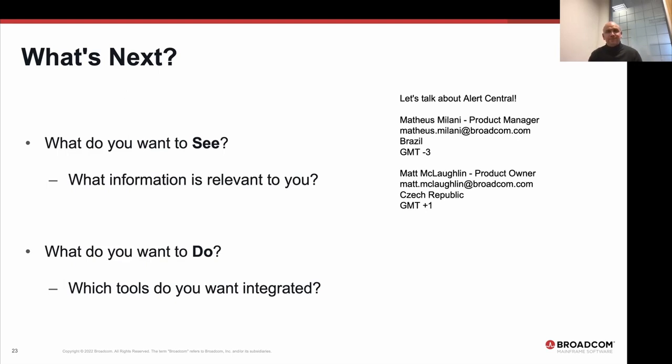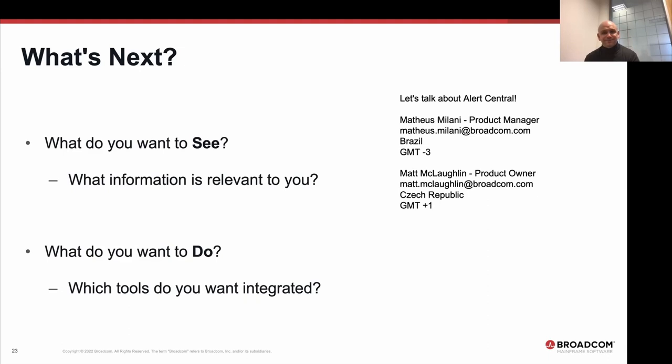Or if you also want to use Alert Central with your level 2 team, with the SMEs, what information is important to them? Maybe you can gather basic information for operators to troubleshoot the problem, but you can get more complex data for the level 2 to use Alert Central as a way to do the initial troubleshooting or potentially solve the problem. So help us, tell us, what do you want to see?